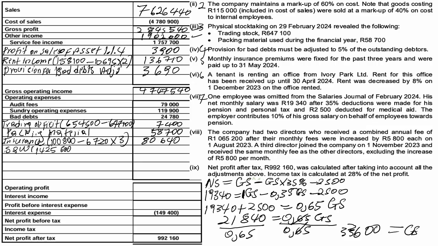33,600. So we need to go and add that 33,600. We need to calculate as well the employer's contribution, which is how many percent? 10%. So we take this gross salary of 33,600 times 10%, and on my side I'm getting 3,360, and then we add that 3,360.